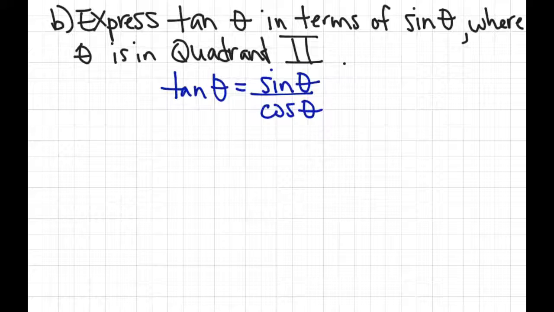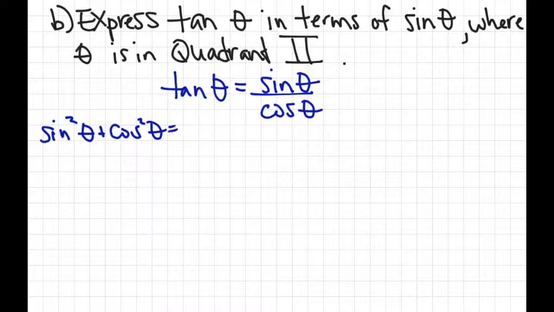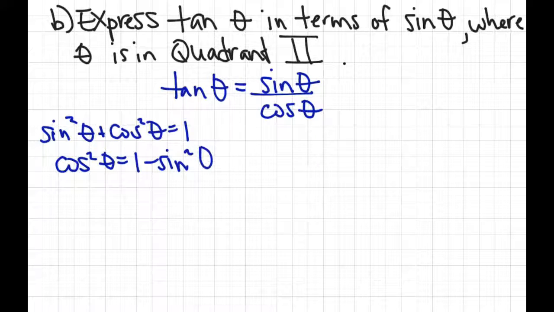I wonder if I can rewrite the denominator so it only has a sine. Well, I can use the same theory that I used in part A by using this particular Pythagorean identity, but instead solving it for cosine. So first you would subtract the sine squared theta, and then you would square root the other side.